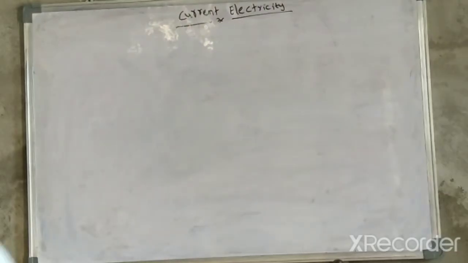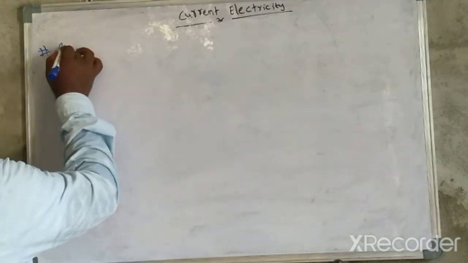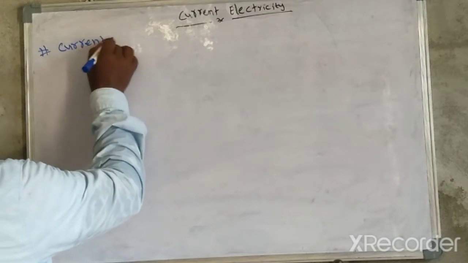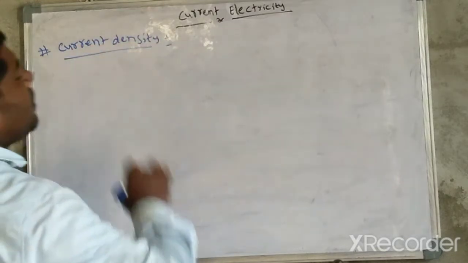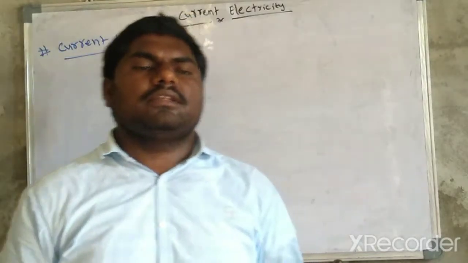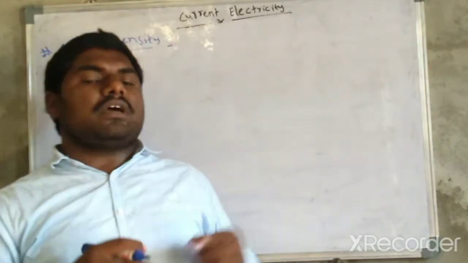Next, another important topic, current density. Current density is a vector in the direction of current flow.